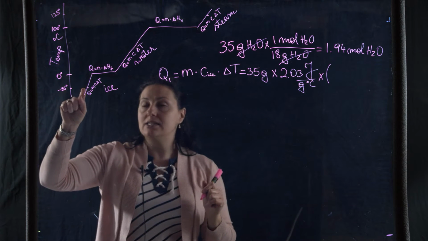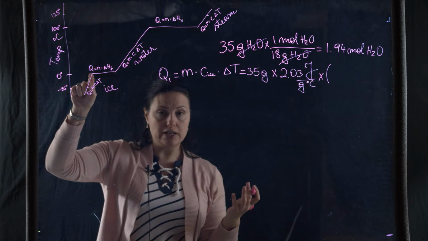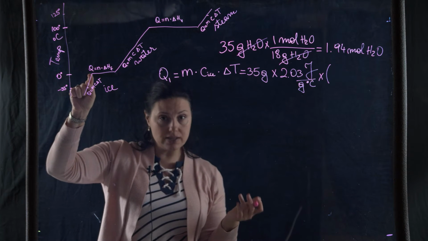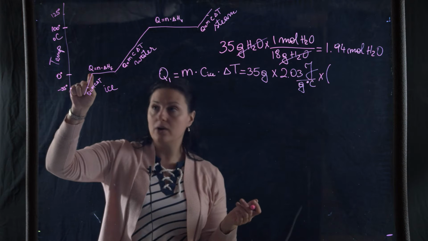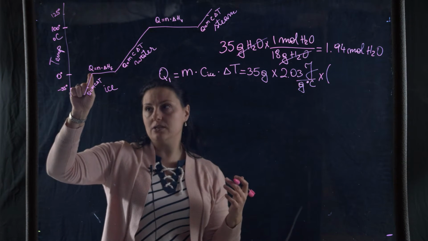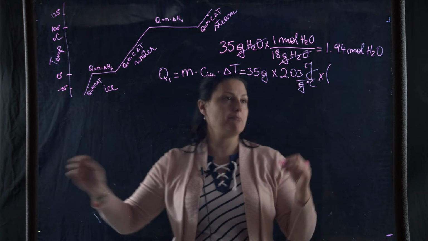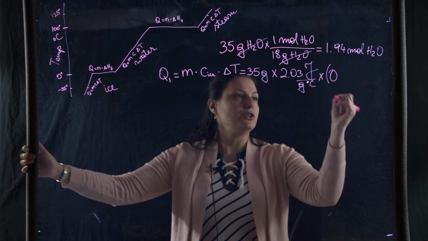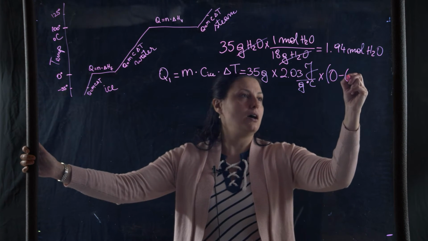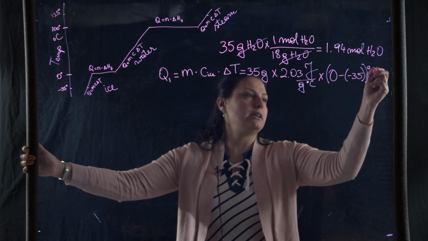I started at minus 35 and I end up at 0 degrees, which is my final temperature for this little step. 0 is my final temperature, and minus 35 is my initial temperature. Don't forget that minus. I have 0 degrees minus a minus 35 degrees Celsius.